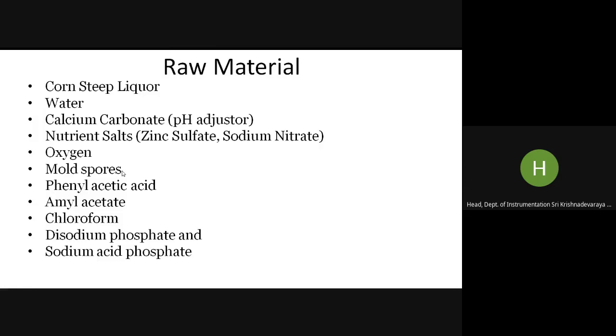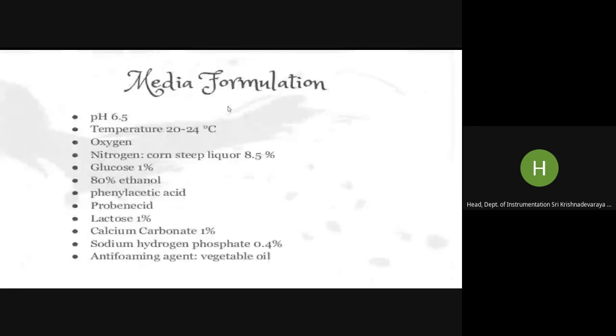This is done under controlled conditions. Then we will see in the process how phenylacetic acid, amyl acetate, chloroform, disodium phosphate and sodium acid phosphate are all used. Just for the media formulation, pH should be around 6.5, temperature between 20 to 24 degrees centigrade. You should have oxygen in the medium.